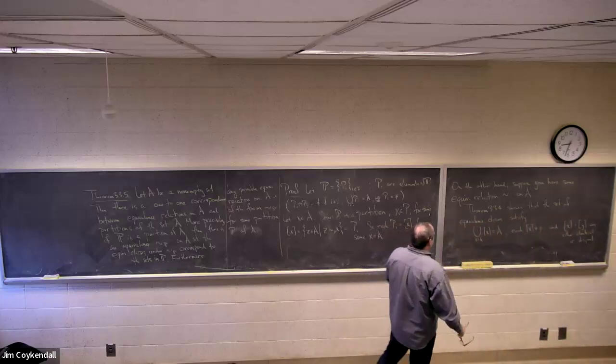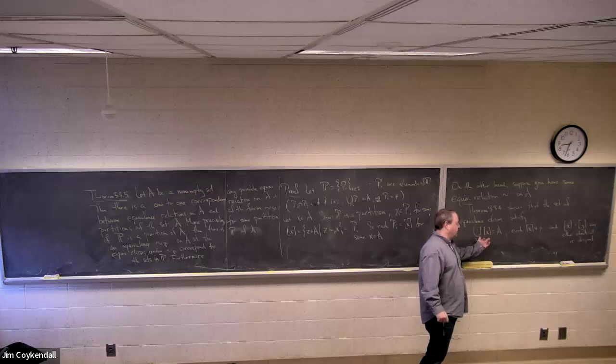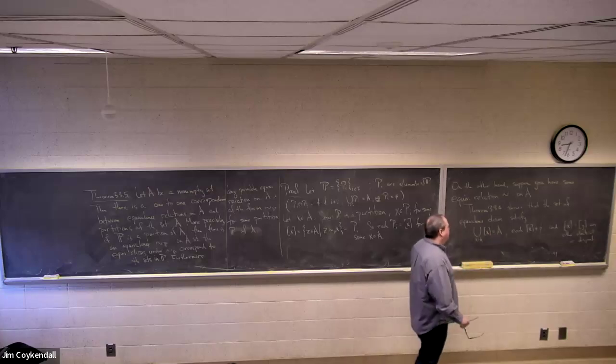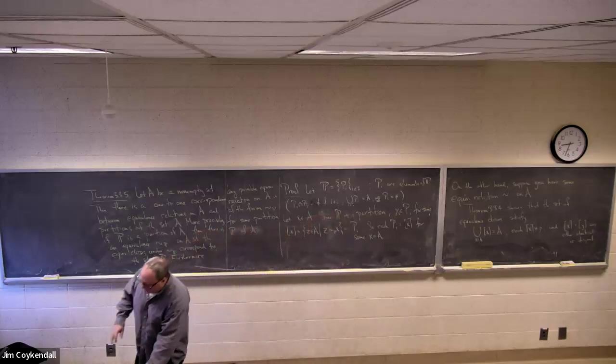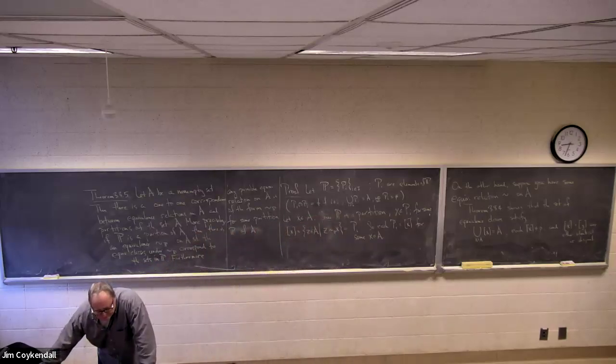And so if you throw out the redundancies in here, you get a disjoint union of equivalence classes equals A. So that's the other direction of the correspondence, depending on the previous theorem. Any questions?